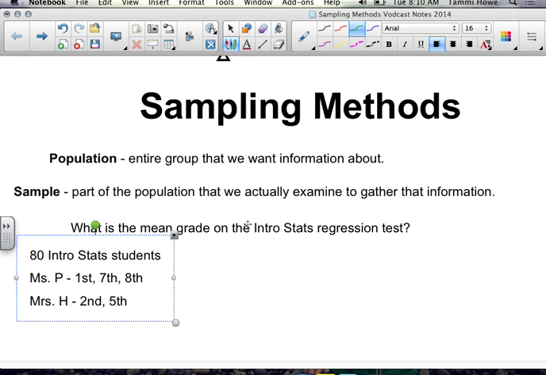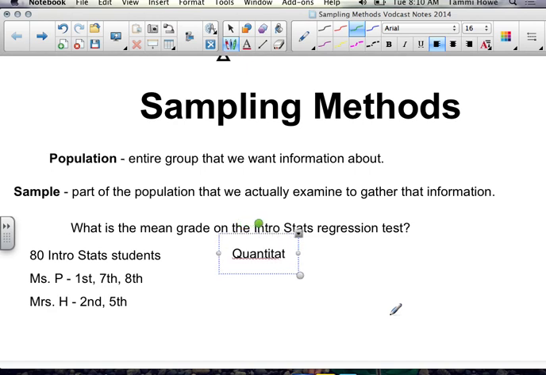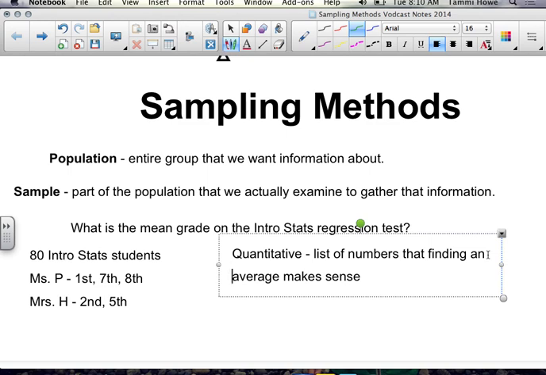Just as a side note, the mean grade is quantitative. And the reason that it's quantitative is because what we have is a list of numbers that finding an average makes sense. Quantitative, a list of numbers that finding an average makes sense, as opposed to something that is categorical.